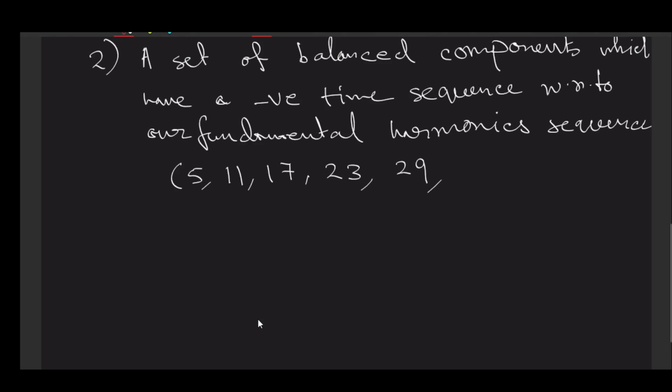They will always maintain half wave symmetry, and therefore whatever harmonic components are present in the total waveform will always be odd order. That is why we are not considering even harmonics: if you do 5 plus 3 you get 8, but we are not considering that. We are only considering the odd order harmonics, right?